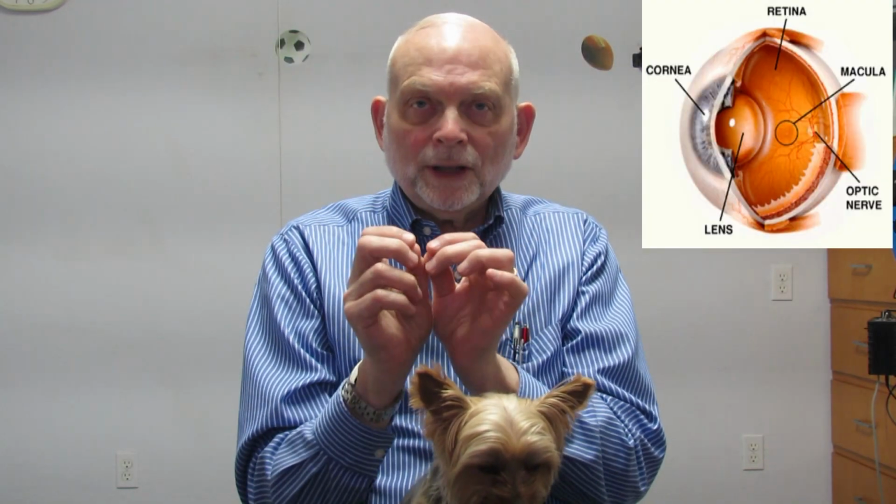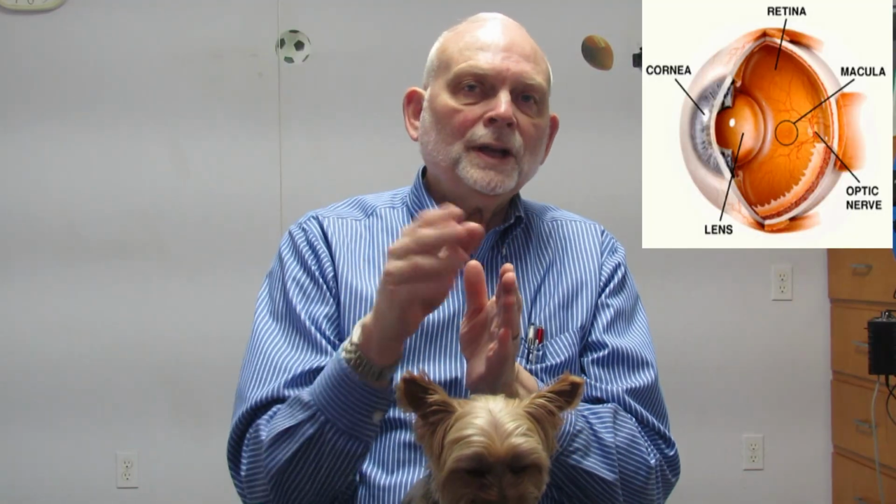That's how small all those blood vessels are that feed that part of the eye, to give you an idea of the sensitivity that is in there. And again, it's the only part of the eye where you have 20/20 eyesight.